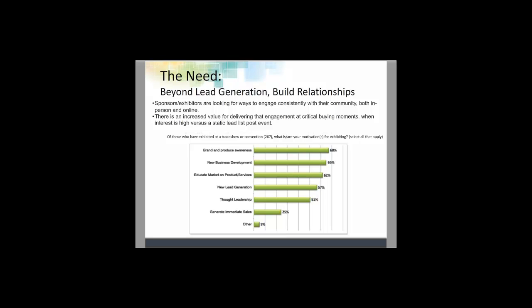And certainly from a sponsor standpoint, the focus is moving, and we've seen a couple of examples of this, towards a more consistent engagement with attendees and building an ongoing relationship as opposed to a singular lead list that will happen after an event and may be cold at that point, which this data really shows from a sponsor standpoint.